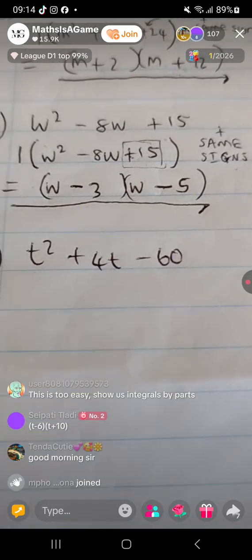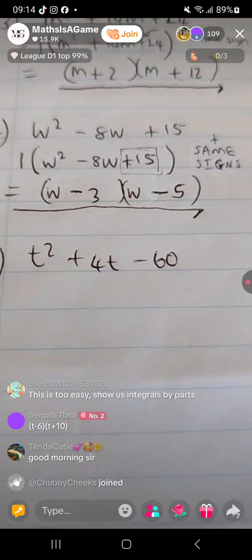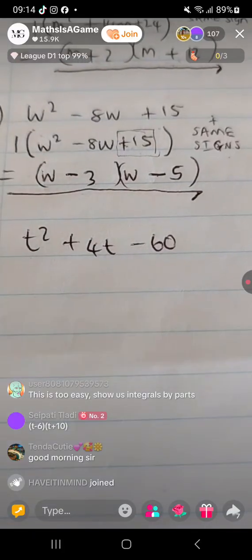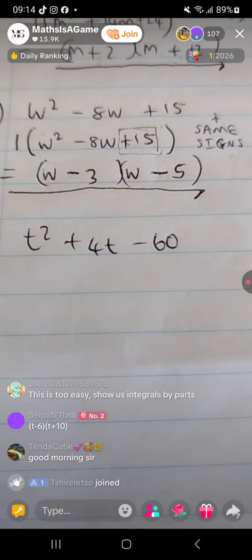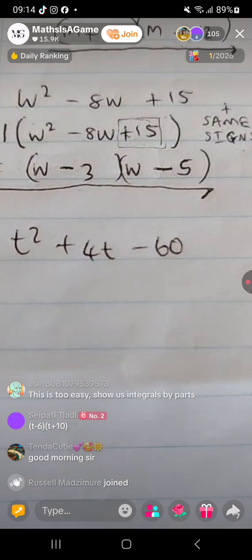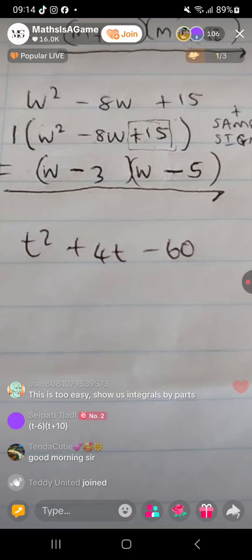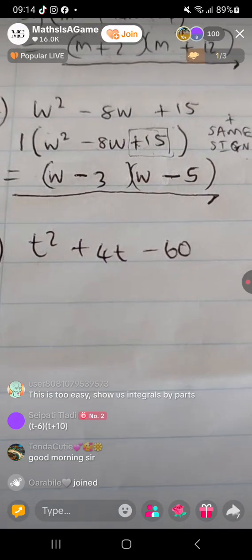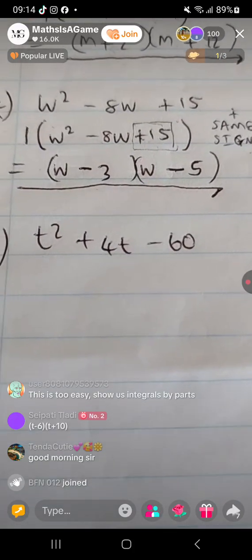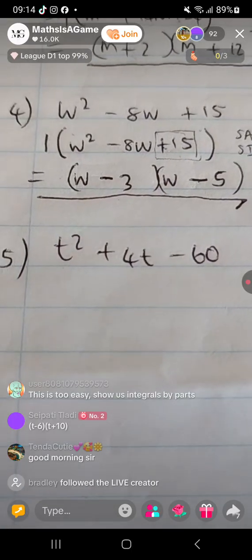If you really care about the kids that are trying to get the concept of factorization in grade 10, and you don't want to spoil the children's lunch, then please kindly leave the live. Thank you. Because it's easy to you. And what we are trying to do here is make it easy for those that are in grade 10 that are here.